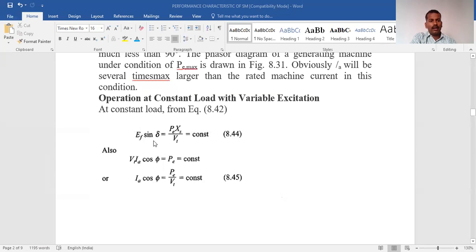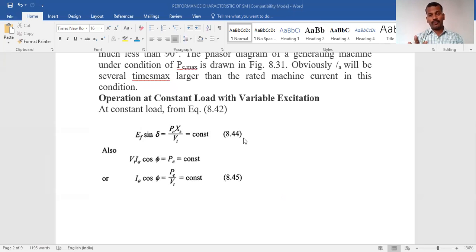At constant load, what does it mean? At constant load means PE will be constant. What does it mean? Simply EF sin delta will be constant because PE equals EF VT by XS sin delta.